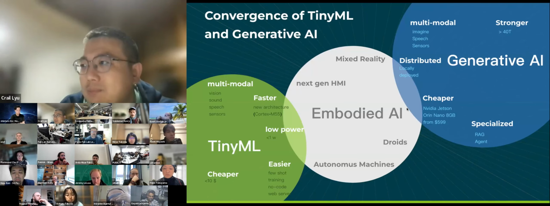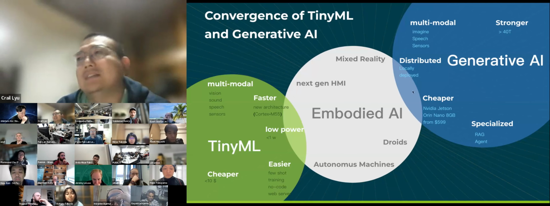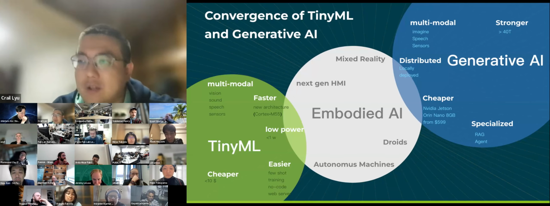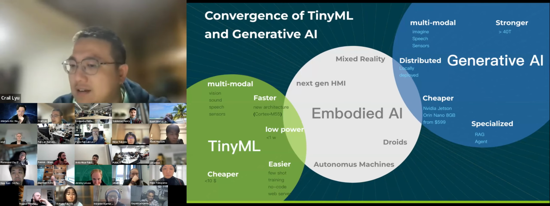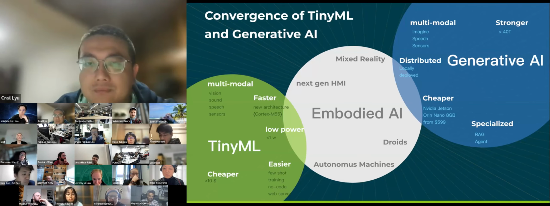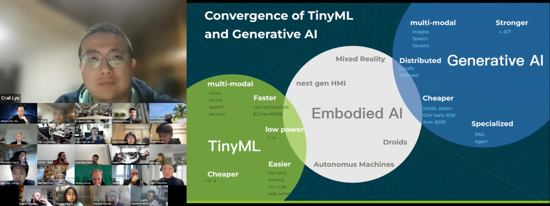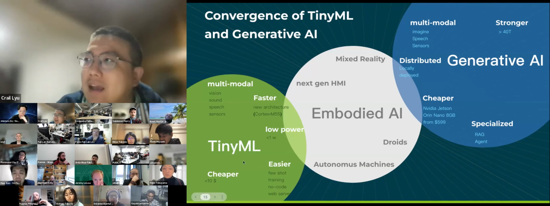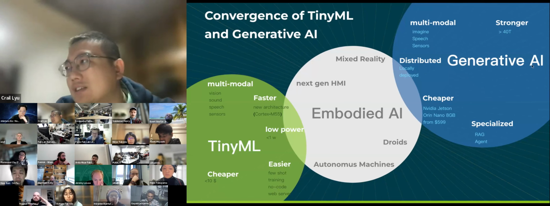And what is in the middle size of these devices is also very popular, called embodied AI. When I went to the CES conference, I saw a lot of topics and booths showing what embodied AI is, which is a kind of gap between tiny machine learning, tiny ML, and generative AI.